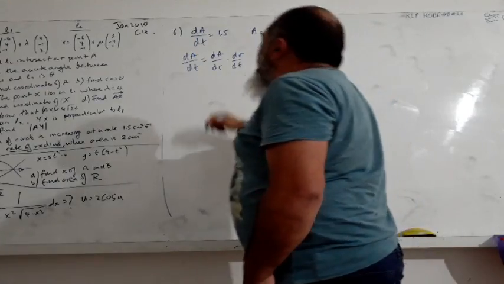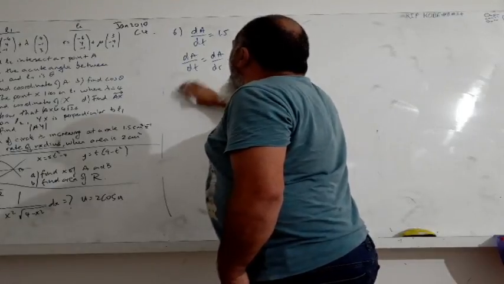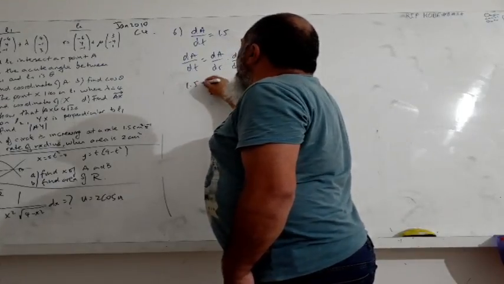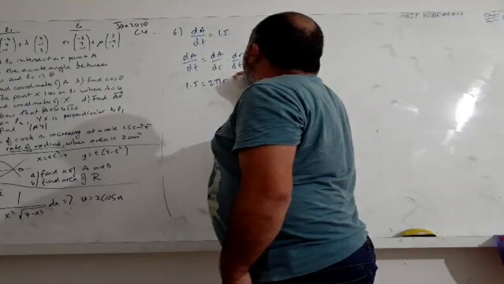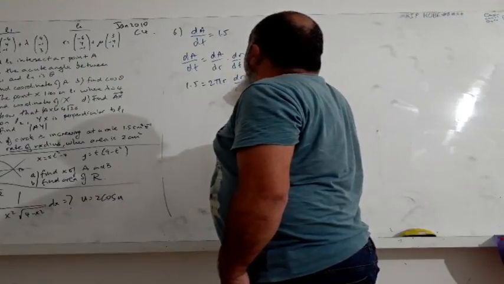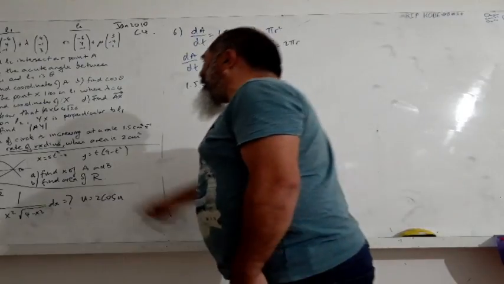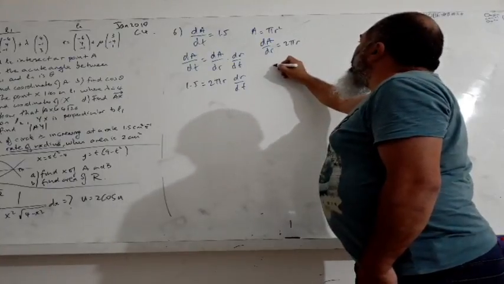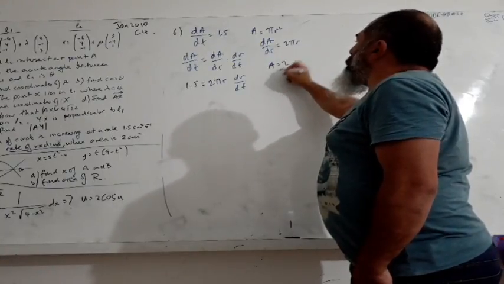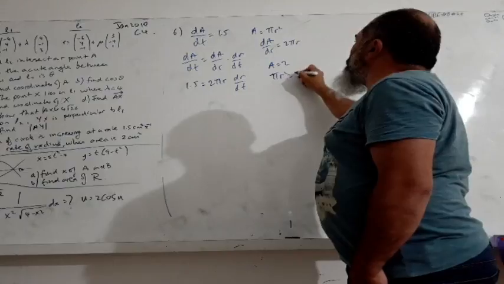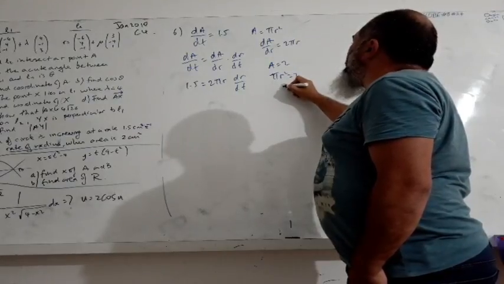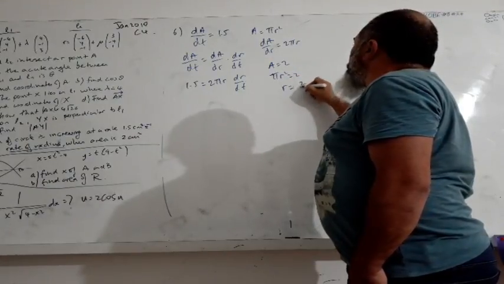So 1.5 is equal to 2 pi r times dr over dt. And it is given that area is 2, so pi r squared is equal to 2.